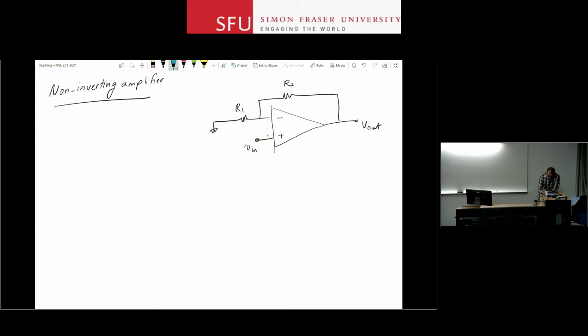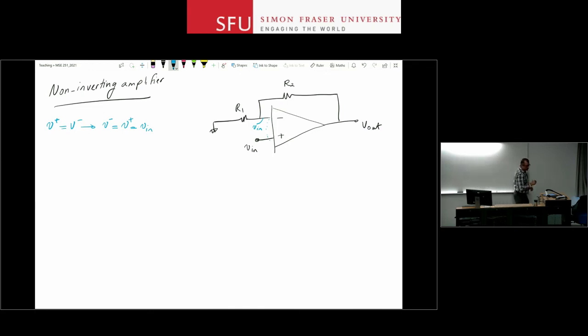I know there is a virtual short between the two, so first thing that I notice is that V plus must be equal to V minus if the op-amp is in its linear region. Therefore, V minus has to be equal to V plus, and that's V in. So the voltage here is V in. Okay, so I mirrored that voltage to that node.